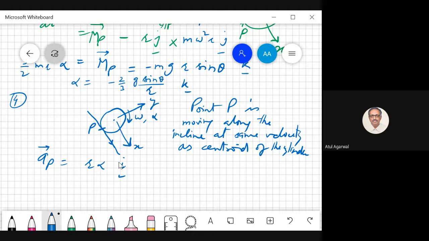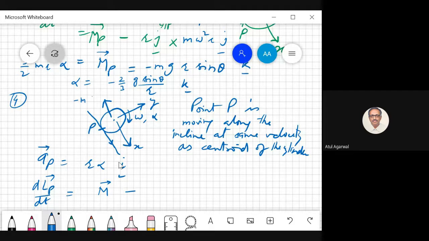Now I will write the equation: dLp by dt is equal to the moment of the external forces minus, you assume an inertial force here. What is the inertial force?